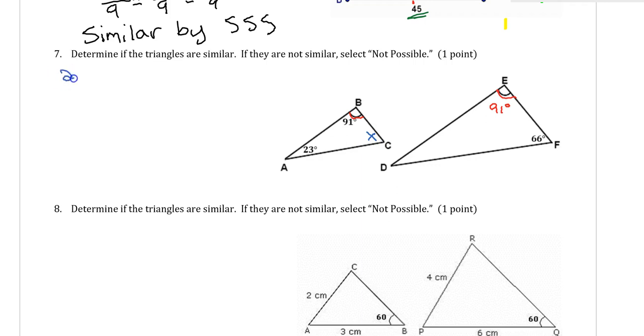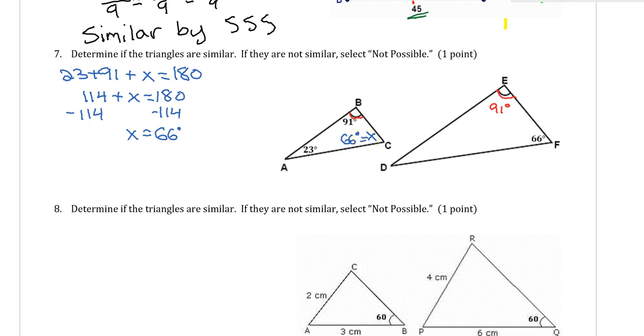So I have 23 plus 91 plus x equals 180. I'm going to add 23 and 91, and I get 114 plus x. And then I'm going to subtract 114. So x equals 180 minus 114 is 66 degrees.